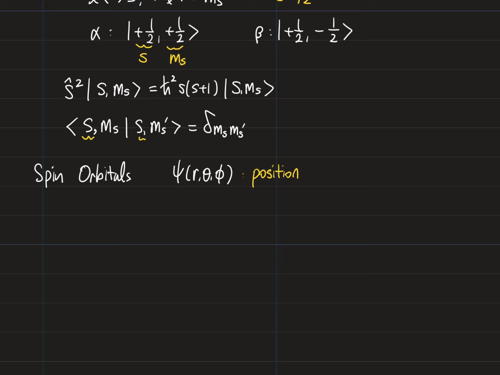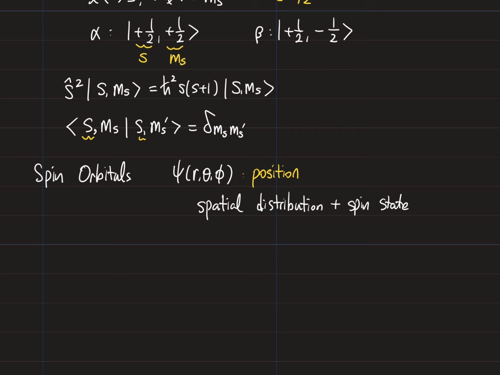But the complete description of an electron must include both the spatial distribution plus its spin state.